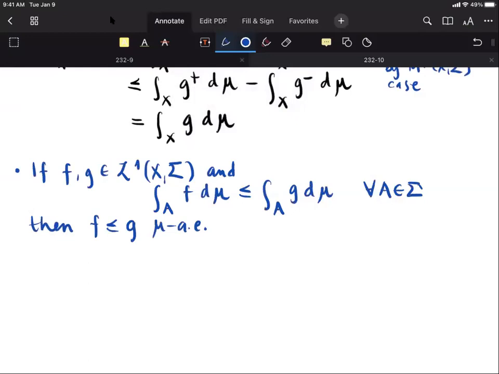So if the integral over measurable sets satisfies this inequality, then the integrand must satisfy it too.